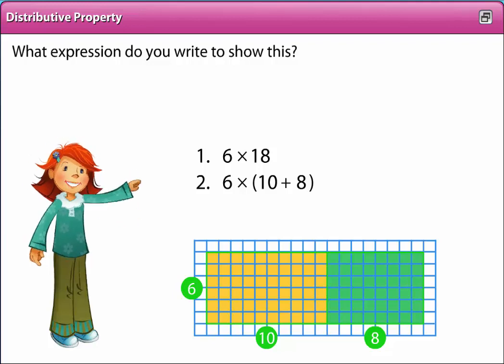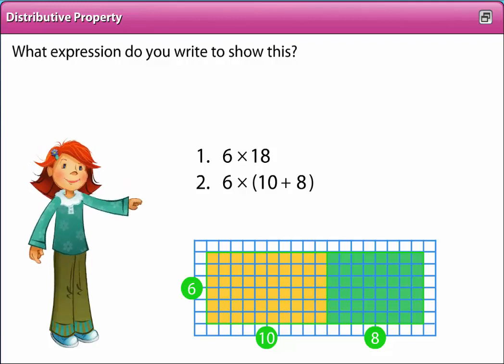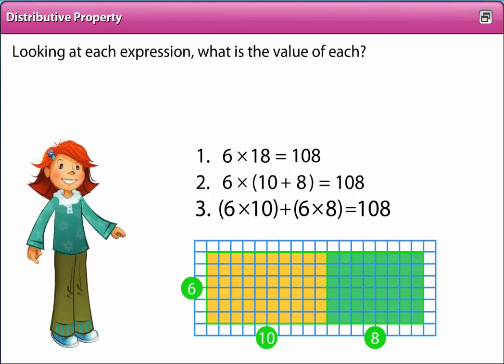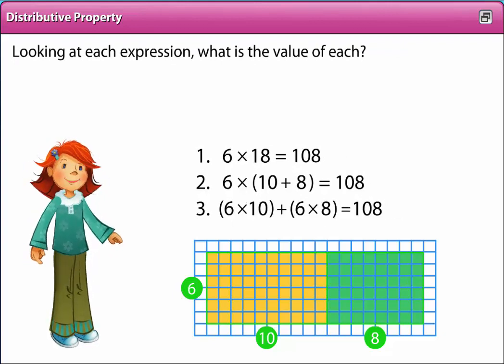What expression do you write to show this? The total number of square units is the sum of the 2 parts. Looking at each expression, what is the value of each?